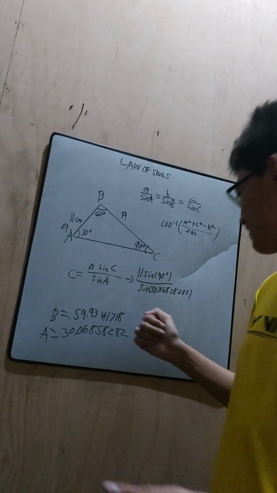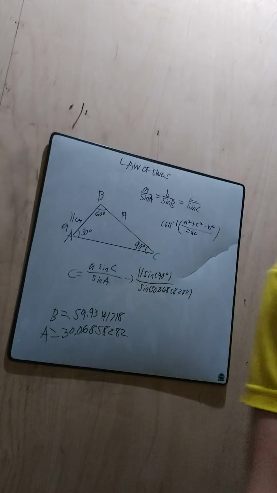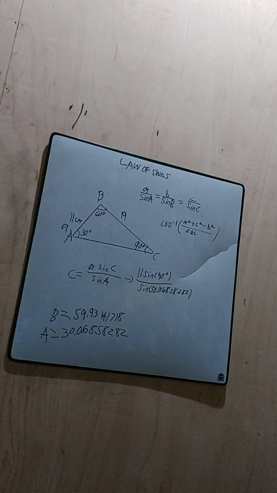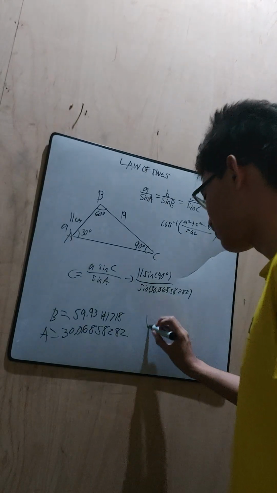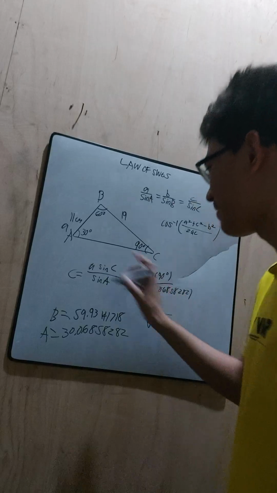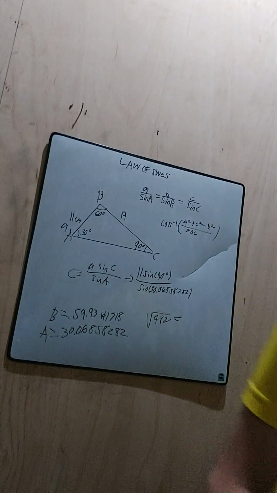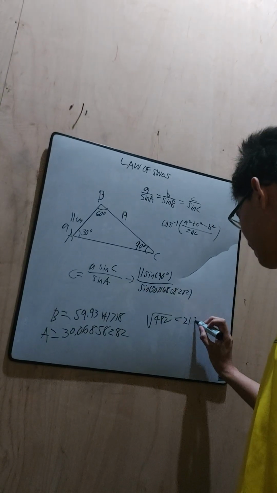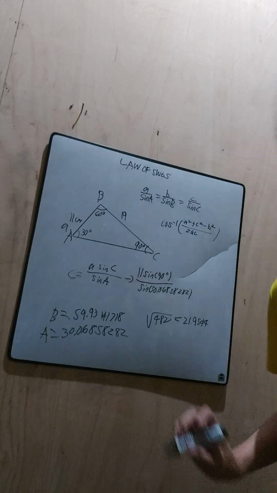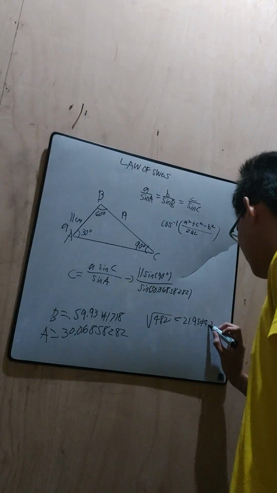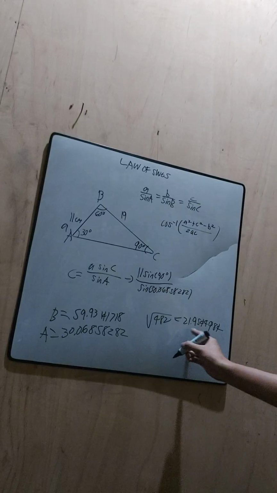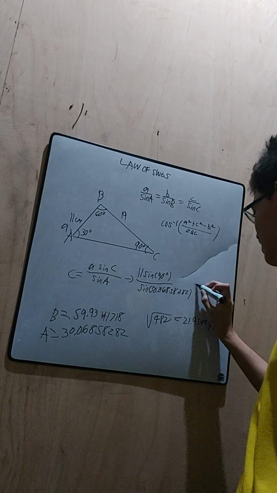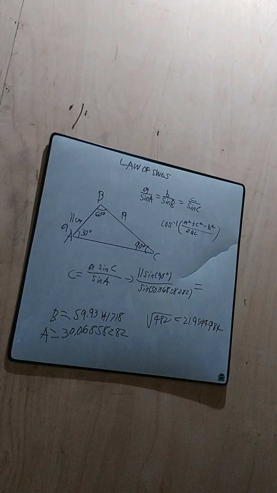Now before we get the value of this, I just want everyone to be familiar with the full approximation of square root of 482, because that's our hypotenuse, isn't it? So that'll be 21.9544984. That's our full approximate for square root of 482. Now, let's solve for this.